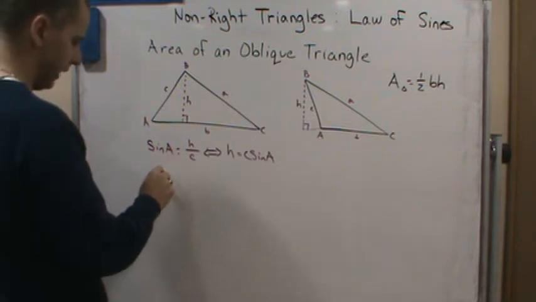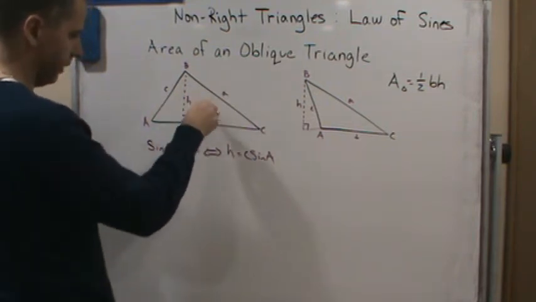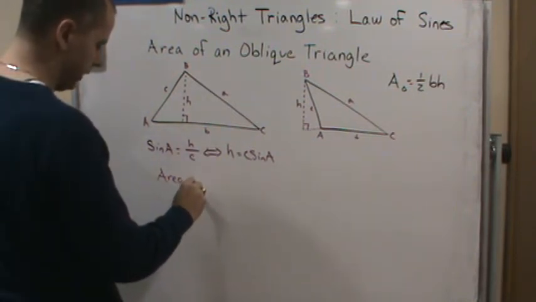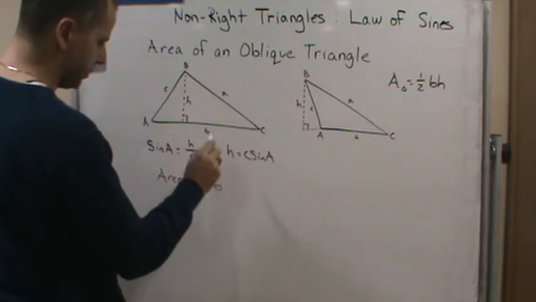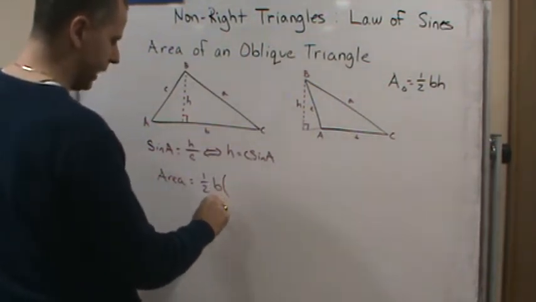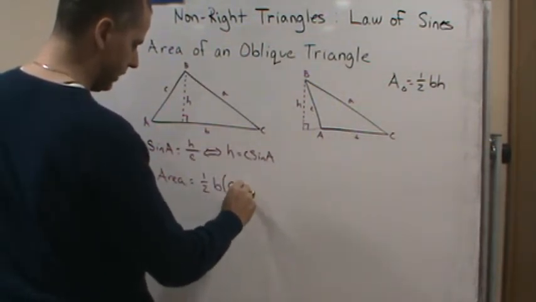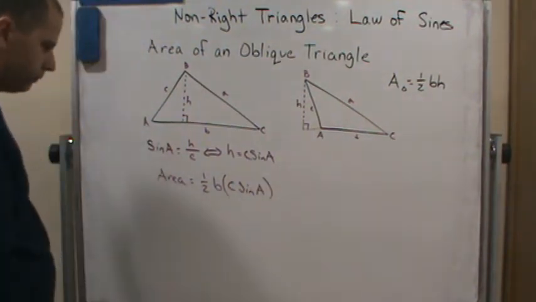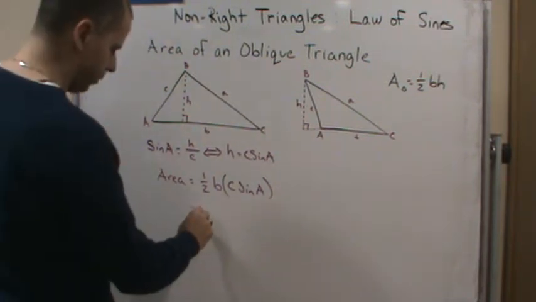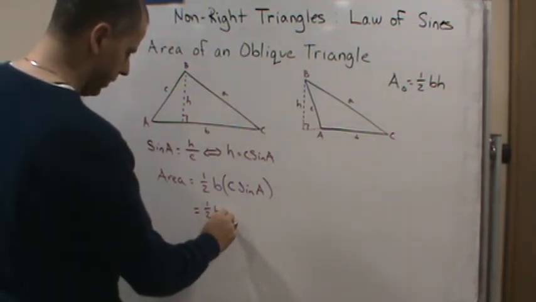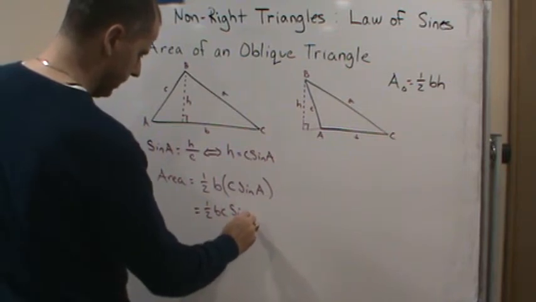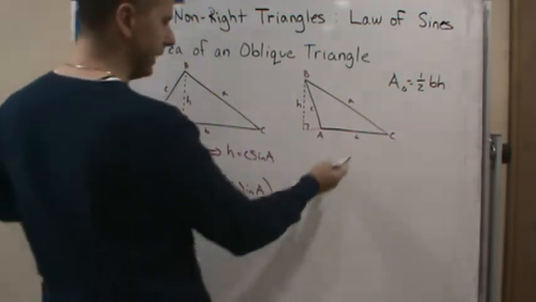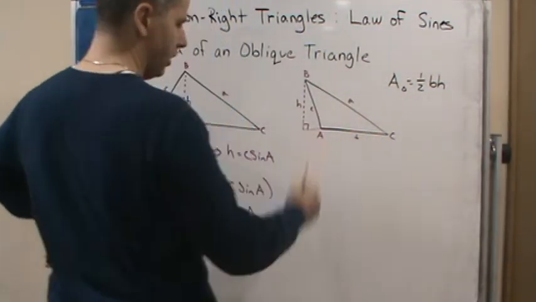So we know that the area, in this case dealing with an acute triangle, is area equals 1/2 base, which is B, times the height, which is C sine A. Or, in other words, 1/2 BC sine A.